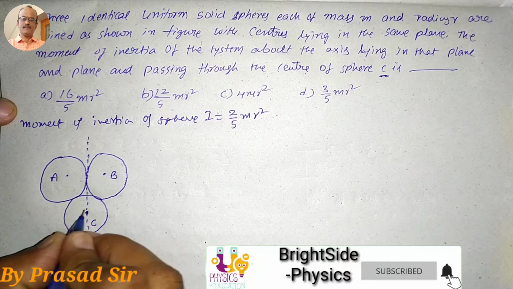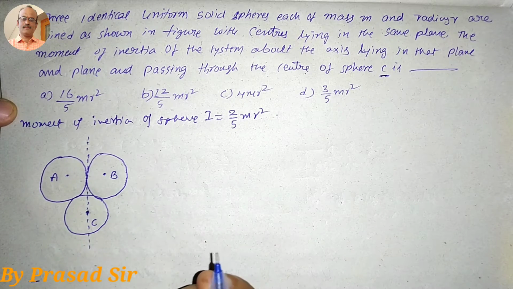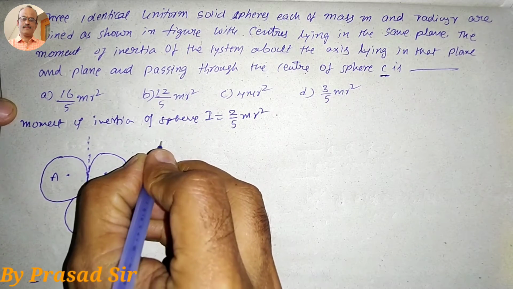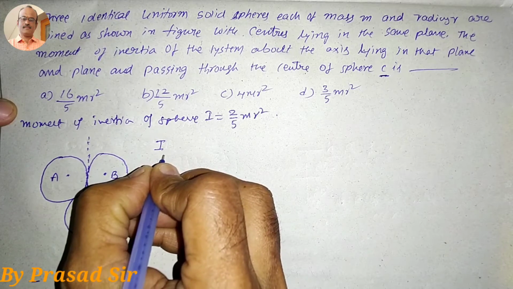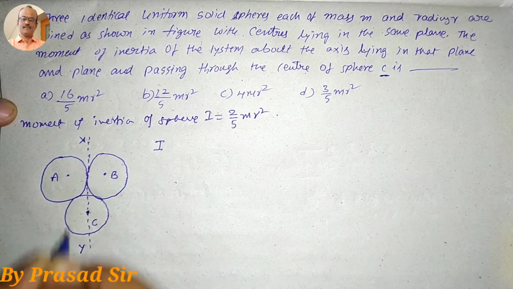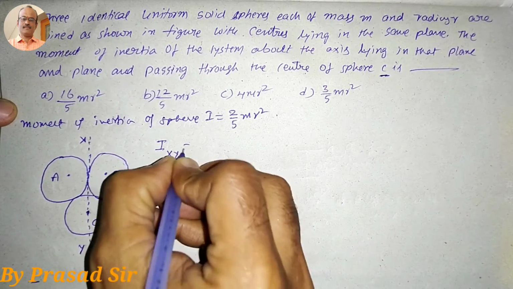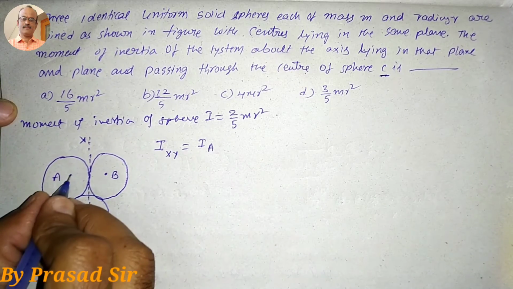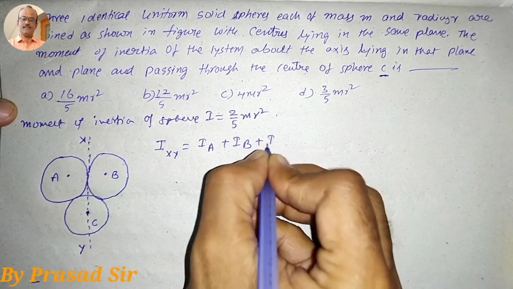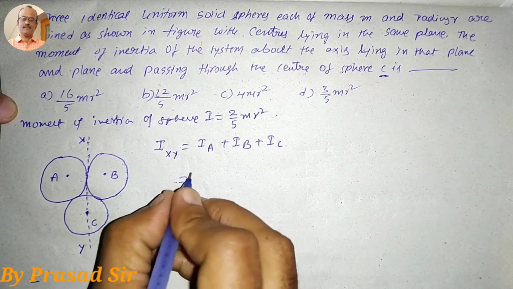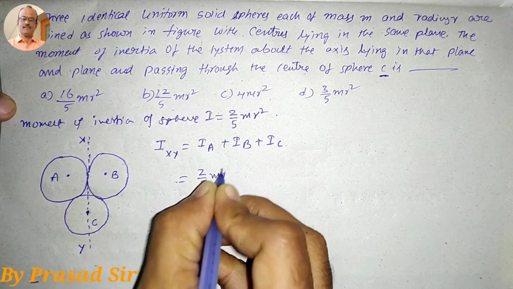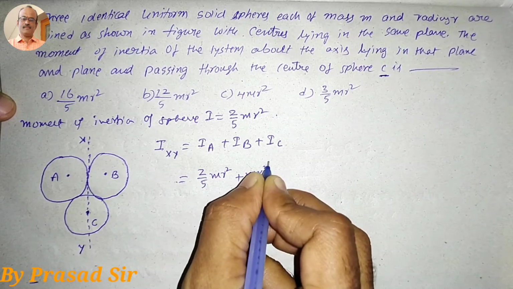From here to here, from here to here, and from here to here. If we want to calculate the moment of inertia of the system about the axis passing through, this is X and this is Y. So Ixy is equal to IA, the moment of inertia of A, plus the moment of inertia of B, plus the moment of inertia of C. First, for A, what is the sphere initially? 2 by 5 mr square plus mr square.